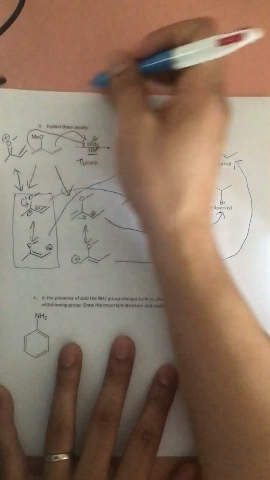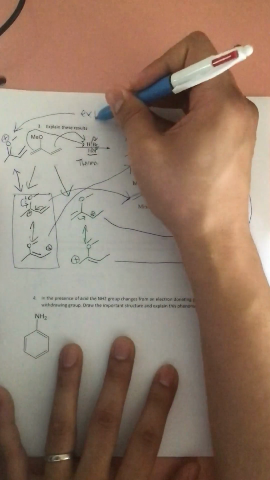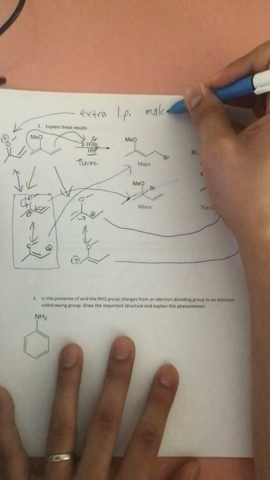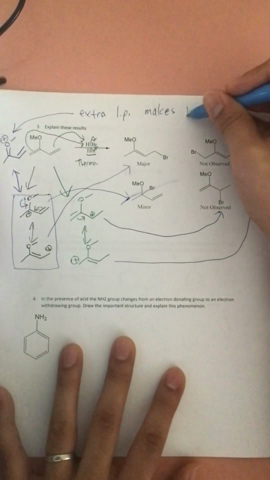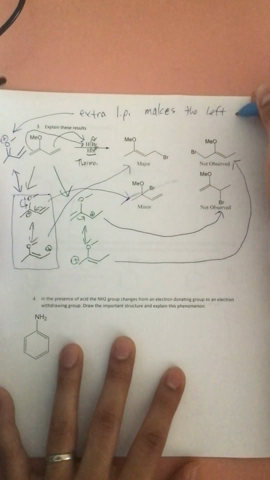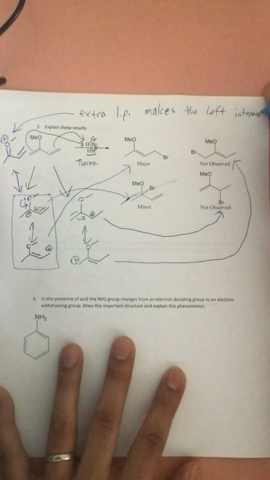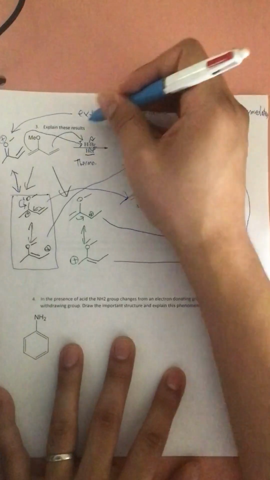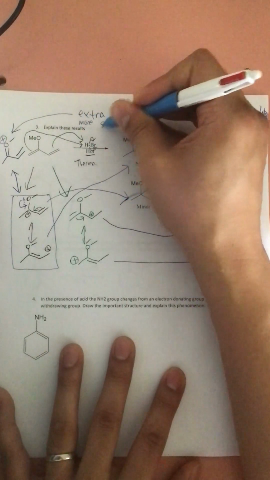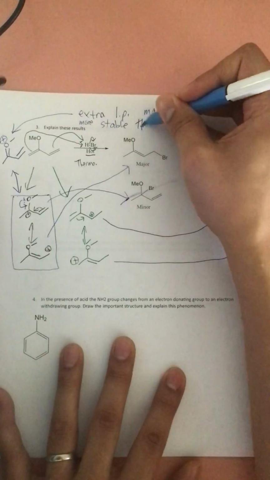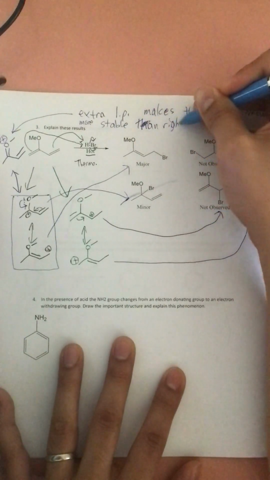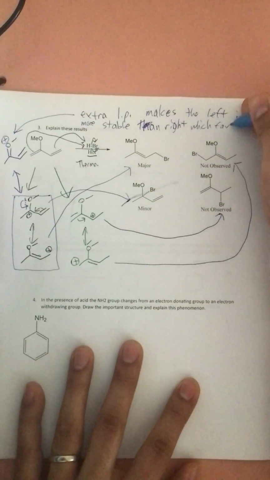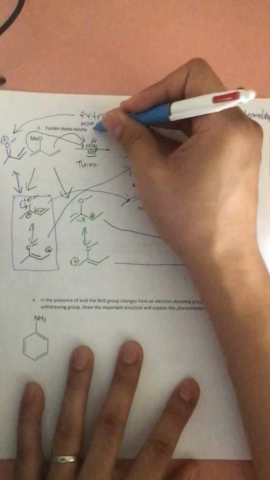So I'm going to say extra lone pair makes the left intermediate more stable than right, which favors the left products.